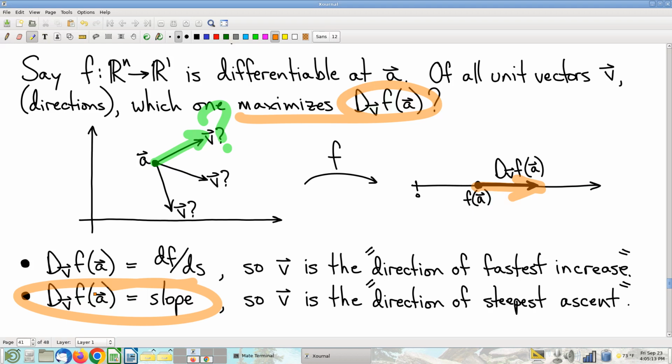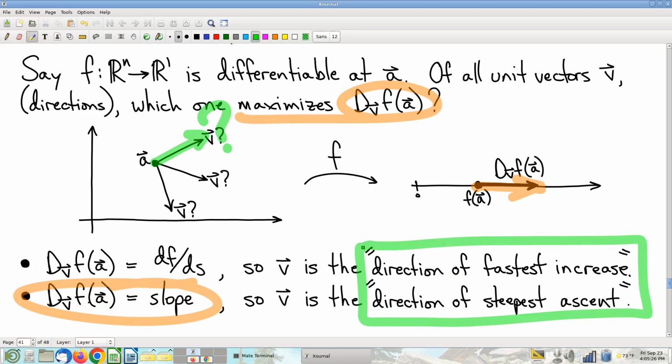And so they say, with this interpretation in mind, that the direction is the direction of steepest ascent. So both of these terms are perfectly reasonable descriptions of what we're looking for. Again, I haven't told you how to answer this question yet, but the answer we're looking for reasonably could be called direction of fastest increase, or direction of steepest ascent.